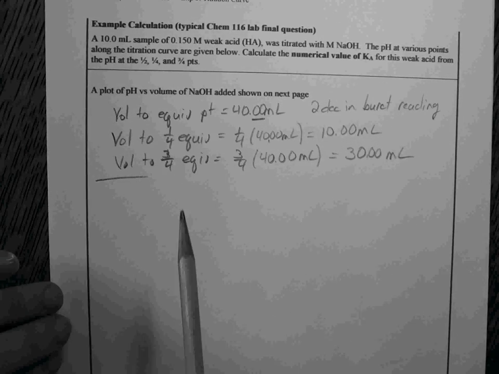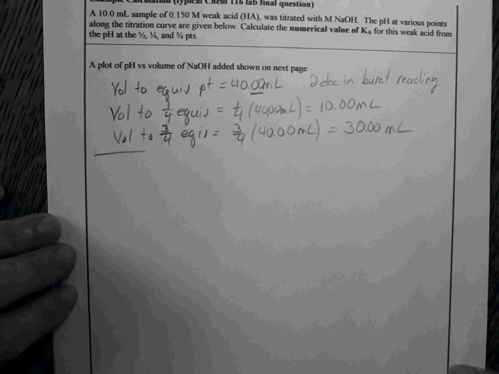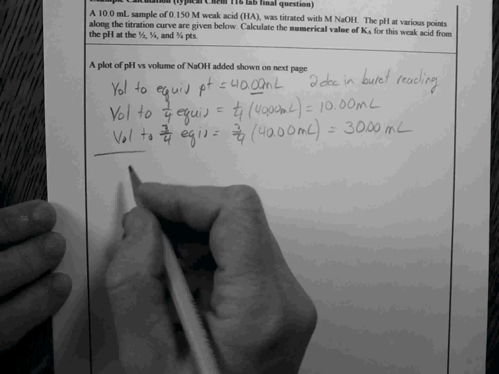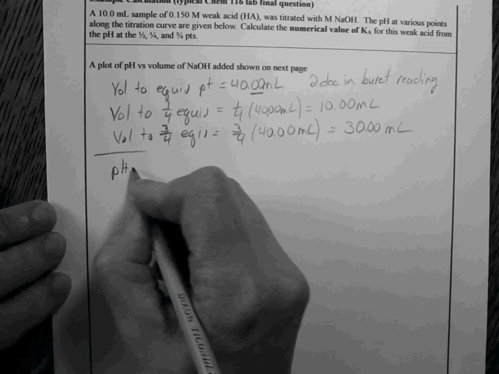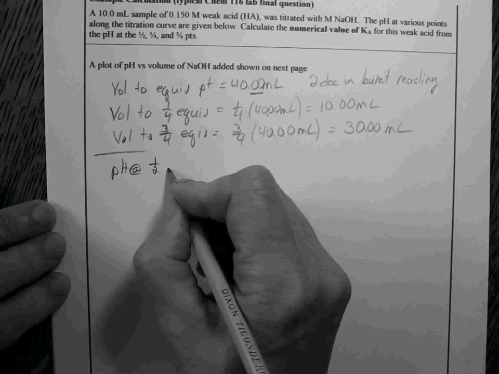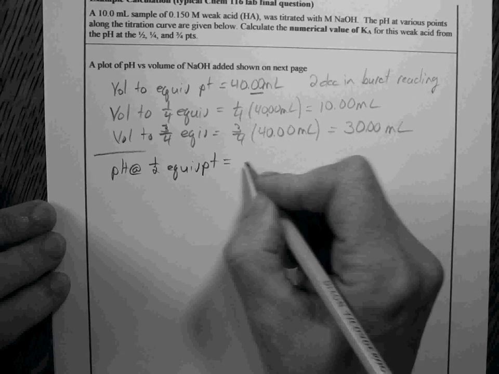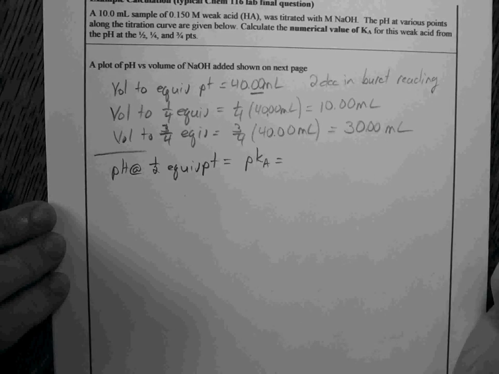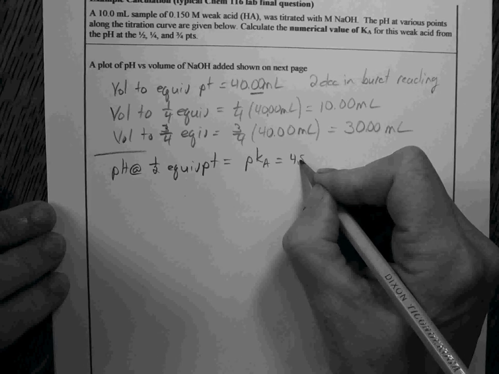All right, so we can get a pKa value from each of these. In a separate document, you see we've justified that the pH at the half equivalence point is equal to pKa, which in our example we found was equal to 4.88.